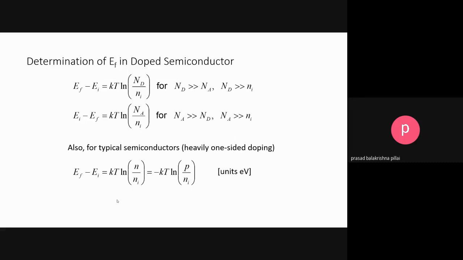For the n-type material, it will be decided by kT natural log of Nd by ni. So you can get that. Similarly, for p-type material, the position of the Fermi level is given by kT natural log Na by ni.